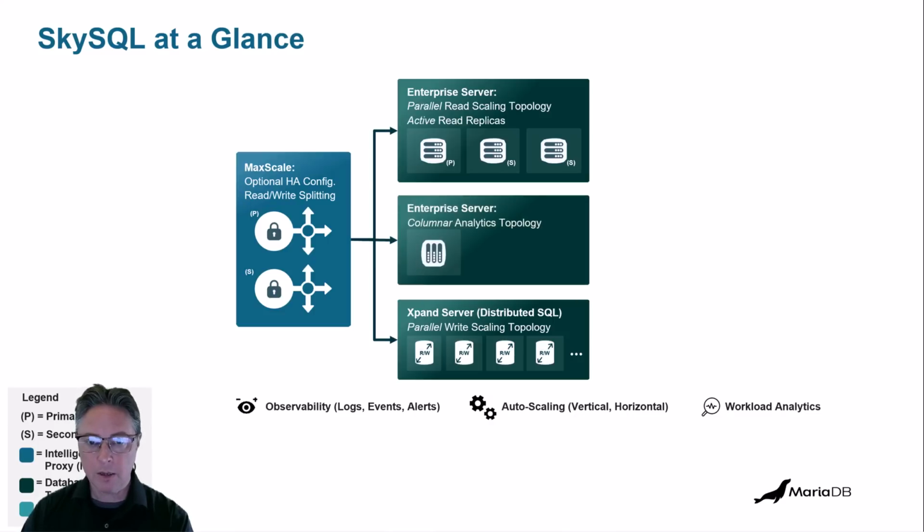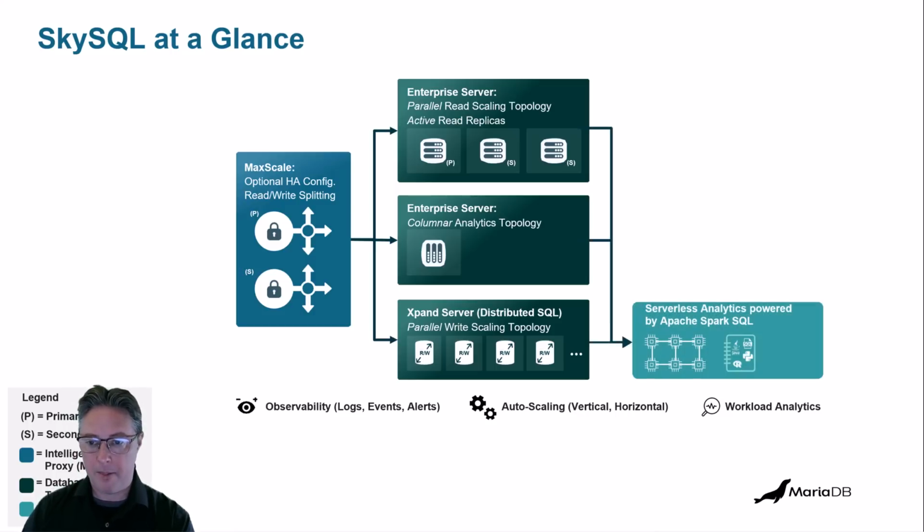And then the Enterprise Server also offers a columnar analytics option, so if you want to do operational analytics. And then the most recent addition in Tech Preview is something called Serverless Analytics, and that allows you to bring a Zeppelin notebook kind of experience and some functions of Apache Spark, like the core data frame and a few other things, to SkySQL, where data in any of these other services like Enterprise Server, Columnar Analytics, Expand are just automatically available to you in Spark via this Zeppelin notebook.